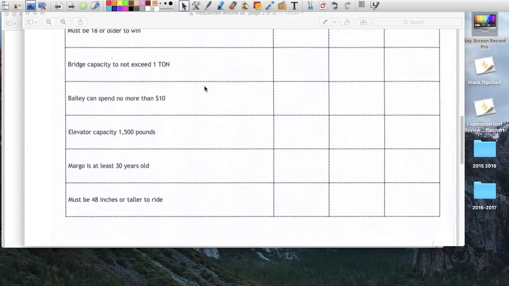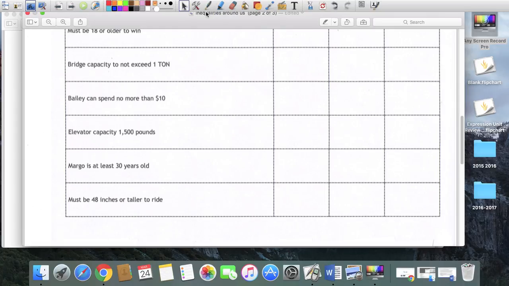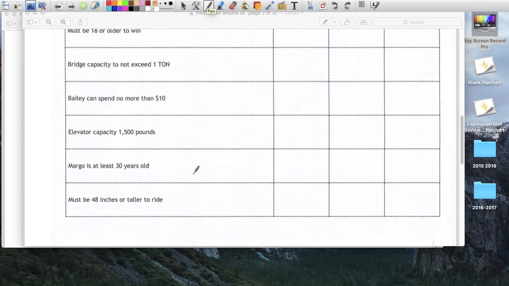Must be 48 inches or taller to ride. So you can be 48, and they'll let you on the ride. You can be 49, you can be 50, you can be 60 inches tall, you can be 75 inches tall, but you can't be 47. You can't even be 47.9. They won't let you in. So your height has to be what?